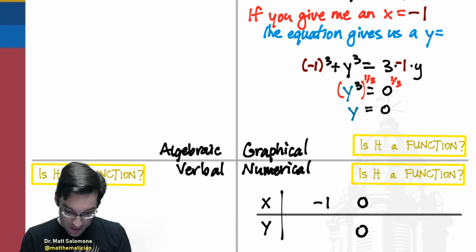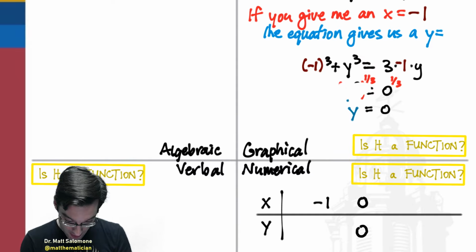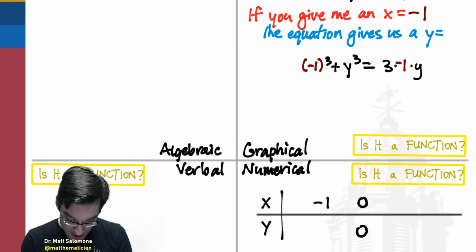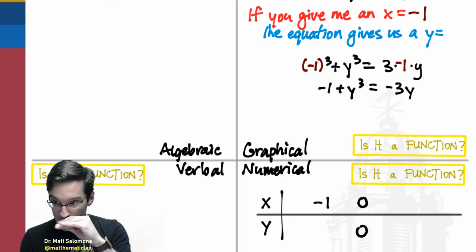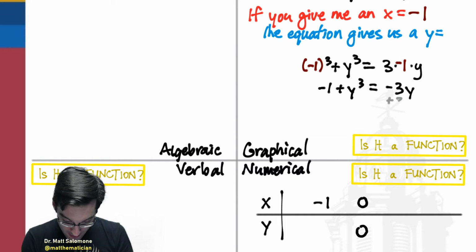Well, the issue here: -1 cubed is -1. 3 times -1 times y is going to give me -3y. But I end up with this equation that actually turns out to be quite difficult to solve: -1 plus y to the 3rd power equals -3y. And the best that I could do with this equation, really, I suppose, is add the 3y to both sides. But I end up with this polynomial equation that has degree 3. I have a y cubed over here.